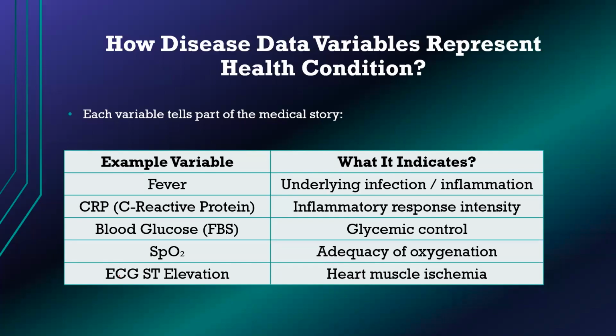Like for instance, if a certain person is reporting symptoms like fever, cold, cough, etc., that will be linking somewhere to an underlying infection or inflammation. So doctors could recommend things according to that. Similarly, if based on some test results or reports there is a variation in blood glucose level, oxygen saturation, or ECG ST evaluation, that may further indicate a certain kind of disease, maybe diabetes, maybe heart disease, or maybe some other inflammatory responses.